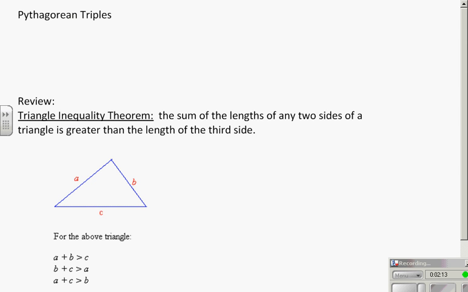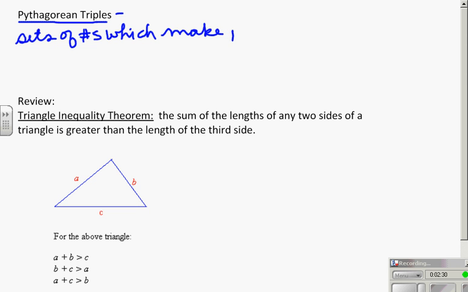And if we go back, first we have to talk about Pythagorean triples. You may have noticed a pattern with some of the numbers. Pythagorean triples are sets of numbers which make the Pythagorean theorem true.